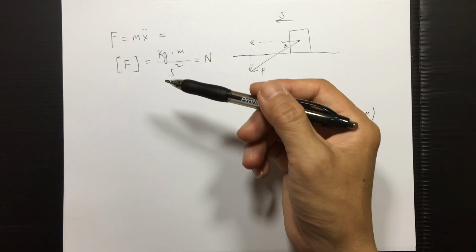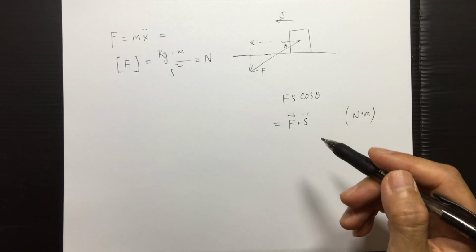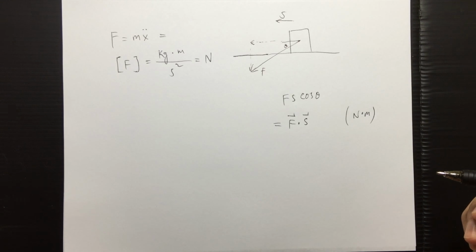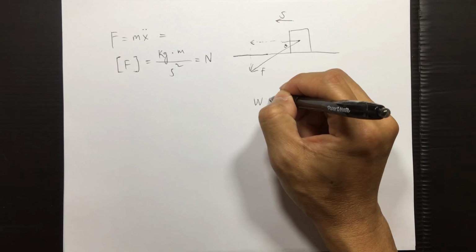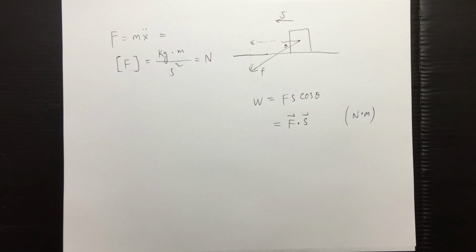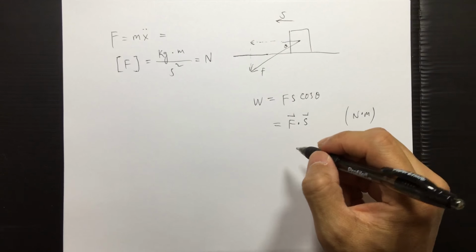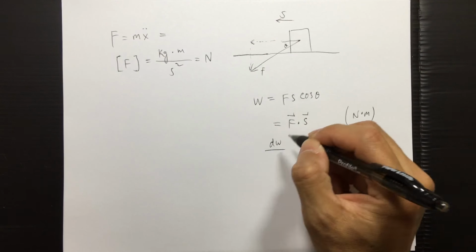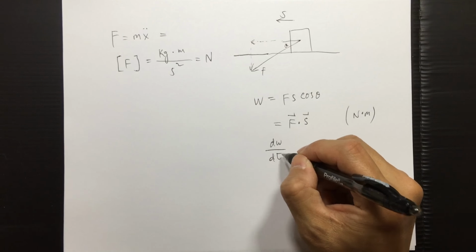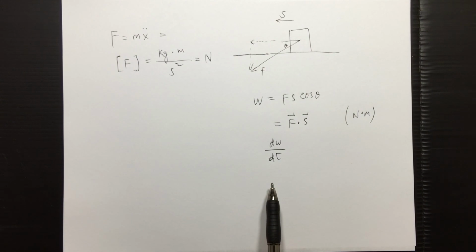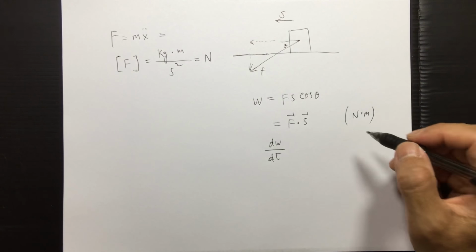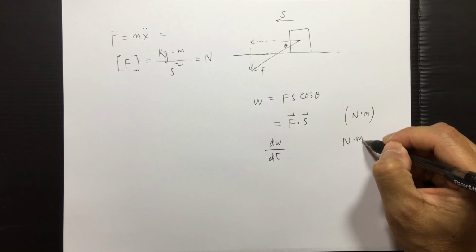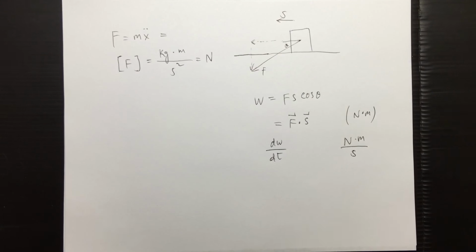This is the work you did. Per time, let's say the work you put on this thing in this period of time. This unit is Newton meter divided by second.